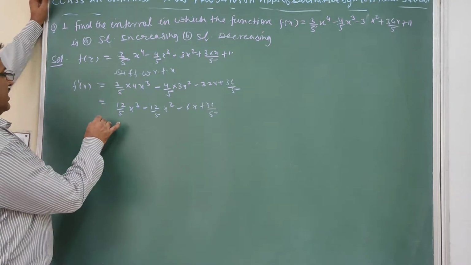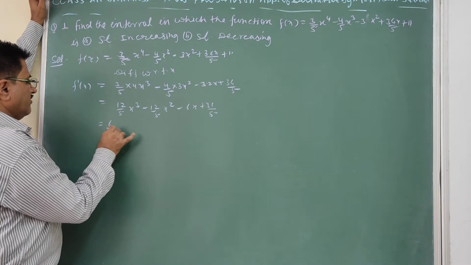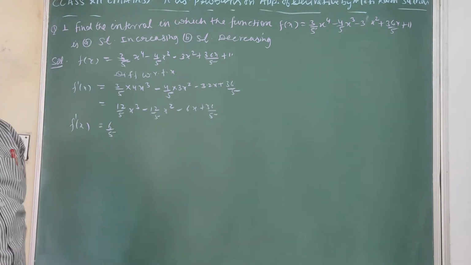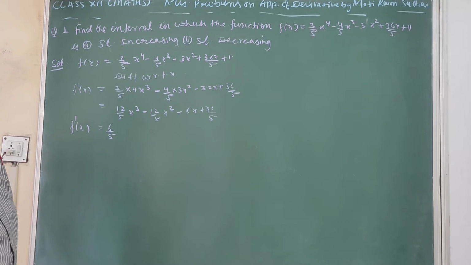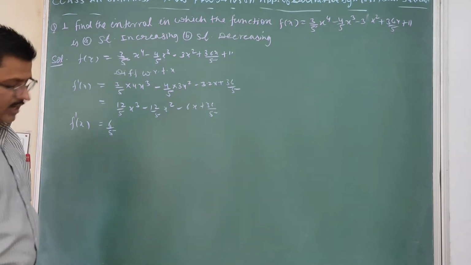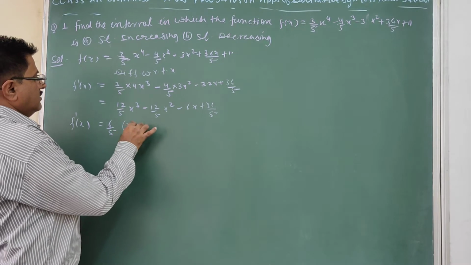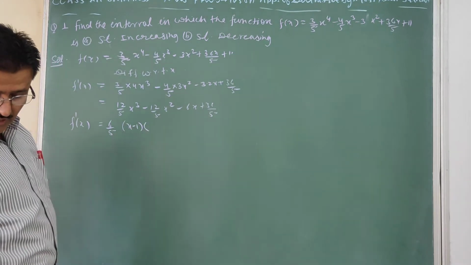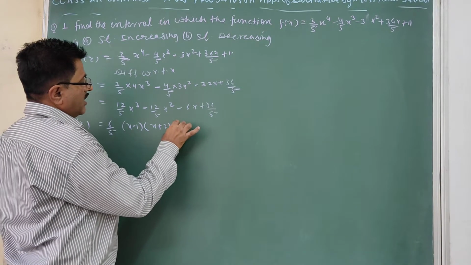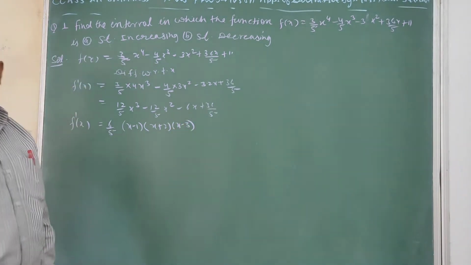So directly you can write here 6 by 5. You can rough solve this by taking 6 by 5, and by trial and error you get the factors. Those factors we write here: x minus 1 into x plus 2 and x minus 3. So these are the factors.